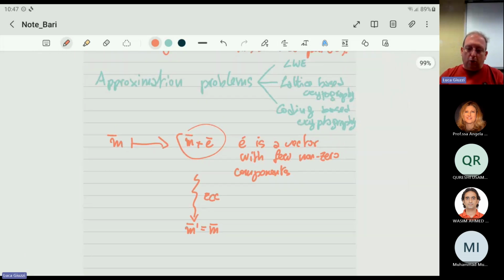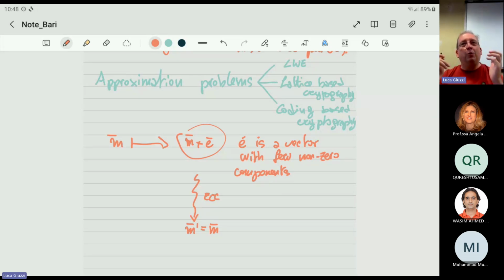However, if we want to construct a crypto system out of an error correcting code, we want moving from M plus E to M to be hard. And this sort of clashes with the original aim of codes.